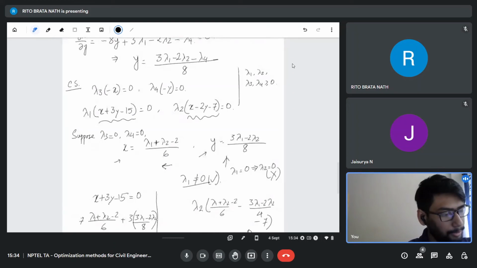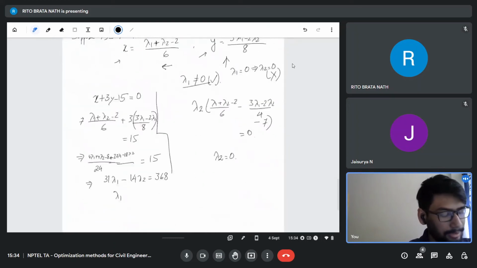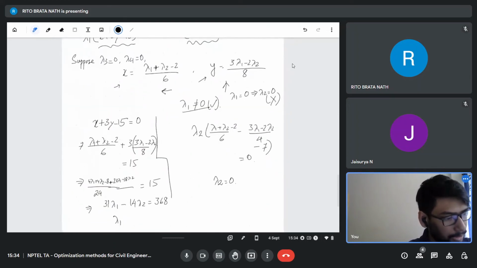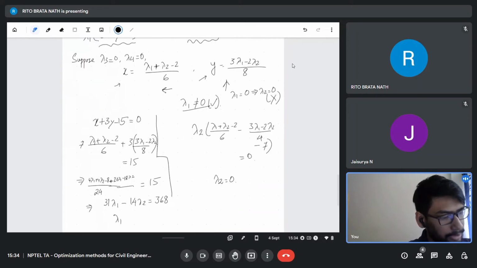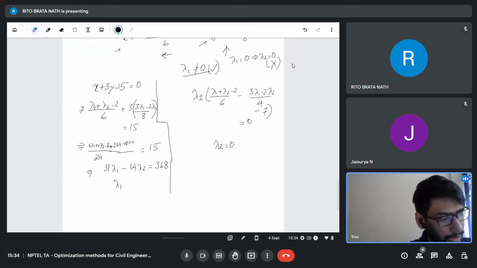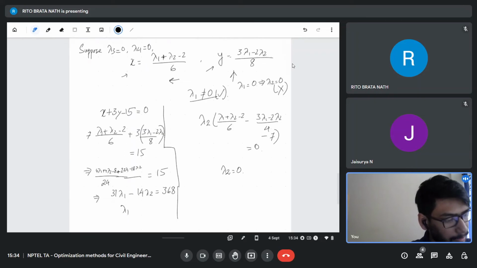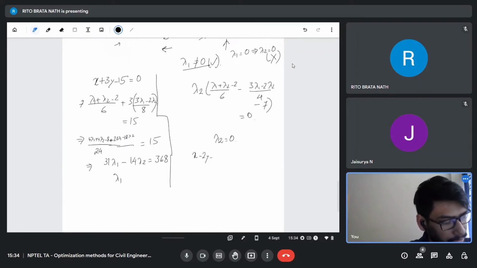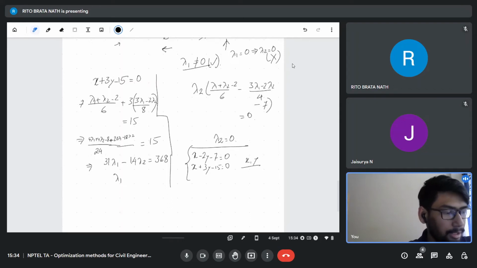But if you don't set this lambda 2 equal to 0, then that's pretty simple because you are left with another equation, which is x minus 2y minus 7 equals 0. So both of these become active constraints. So you can just solve these two equations in that case and get an x and y value and check for the function, check for z, and see which one is giving you the maximum value.